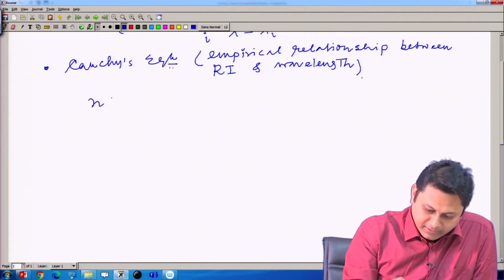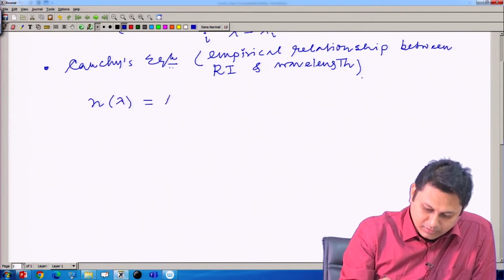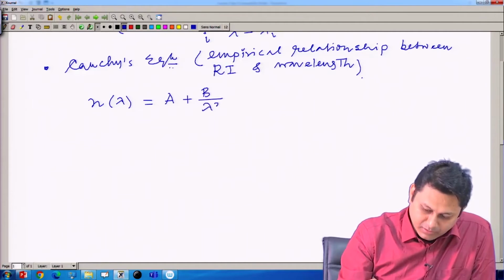If I write n as a function of lambda, then one can have an empirical relationship in explicit form like this.